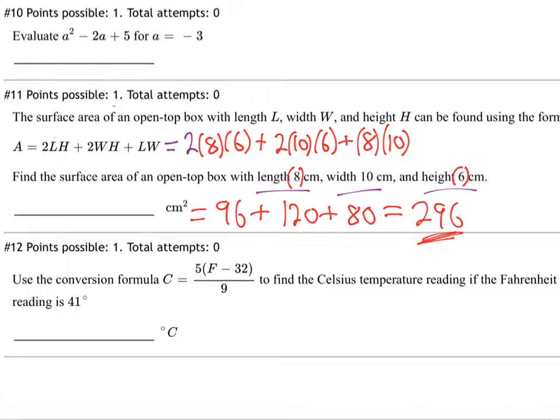All right, want to try number 12. There's the Celsius Fahrenheit conversion formula. The same kind of thing. Plug in there.